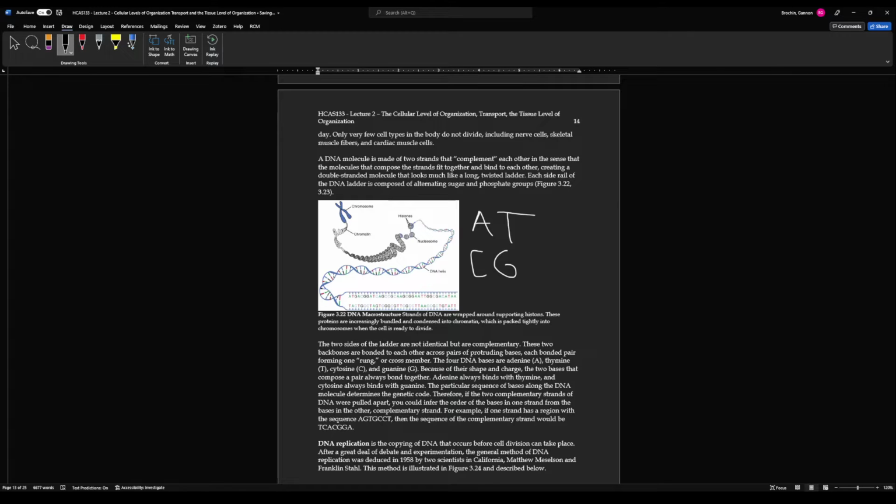It's tightly wound together, as this shows us, into what we call chromatin. Chromatin really consists of all of the tightly packed DNA. This DNA will wrap around another protein called a histone, as you can see illustrated here. And the histone that has DNA wrapped around it is called the nucleosome.